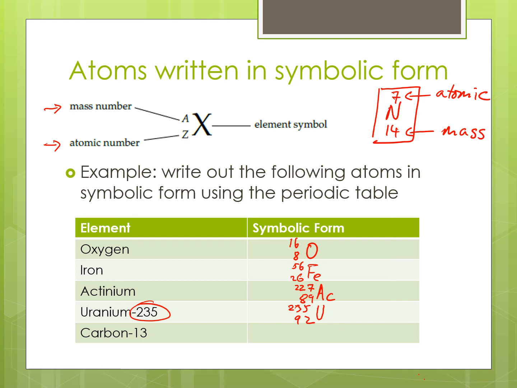If it doesn't say that, then you just presume it's the normal one. If it does say a number, then you need to write it using that number. And the number there is always the mass, not the atomic number. Remember, the atomic number is really the proton number, which determines what element you have. So the only thing you can really change is the number of neutrons.